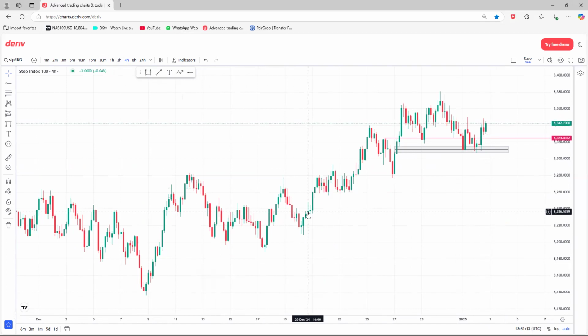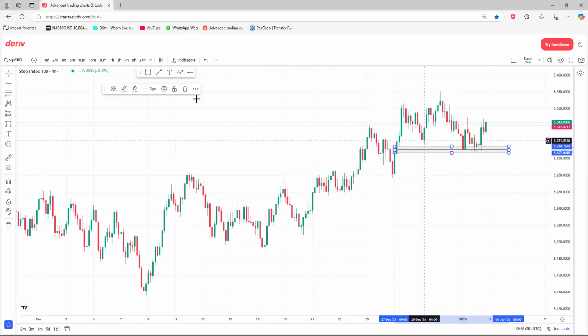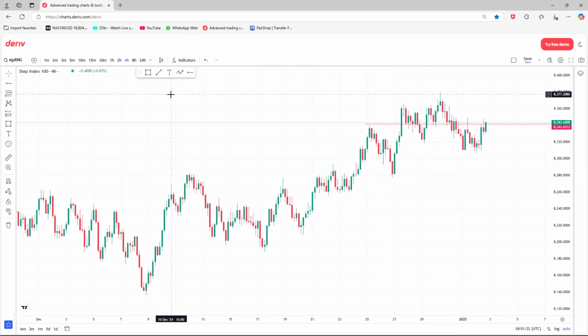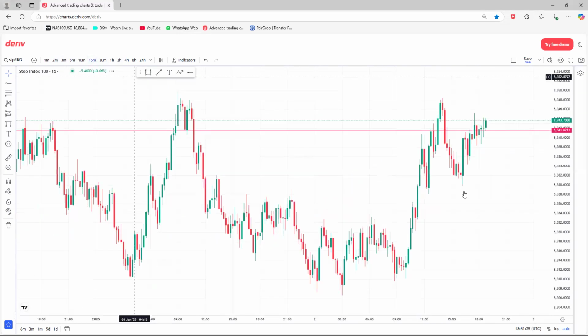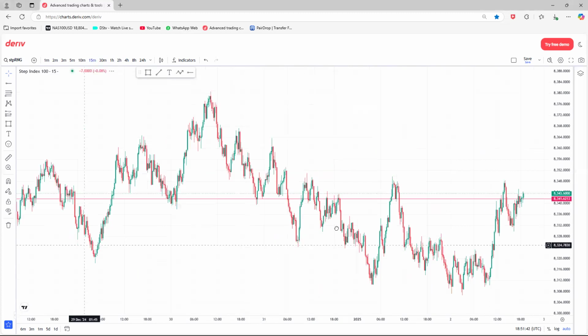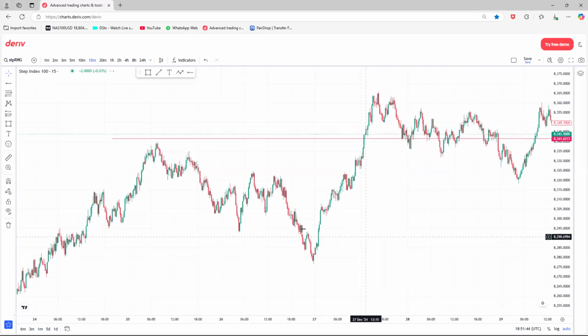So yeah, let me explain what was happening in a deeper sense here before we even start our session. Let's say you're looking for that pullback, but then you are on another time frame, let's say from M15 going down. I'll drag this and put it nicely so you can see.